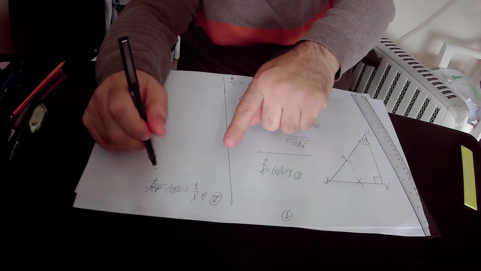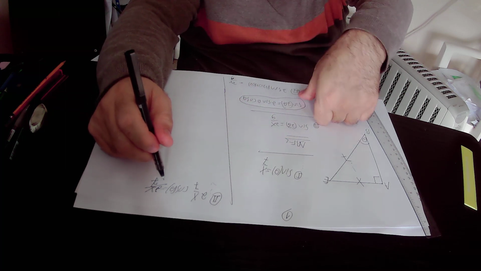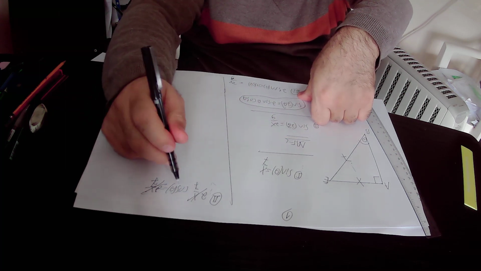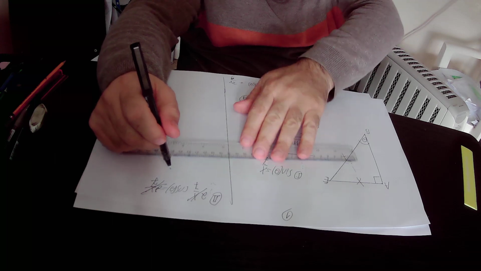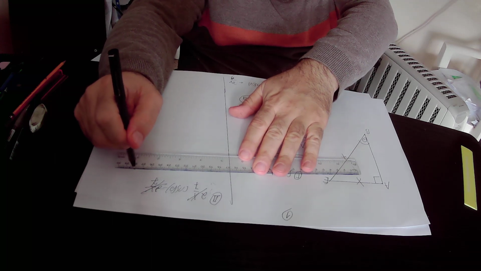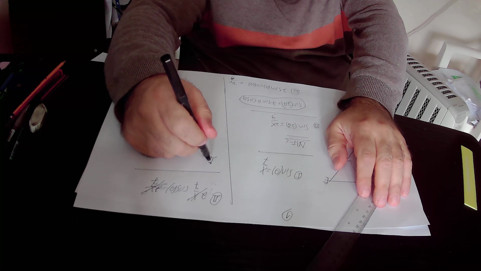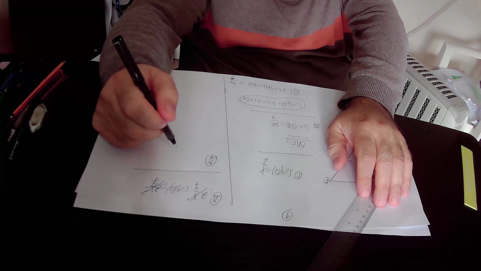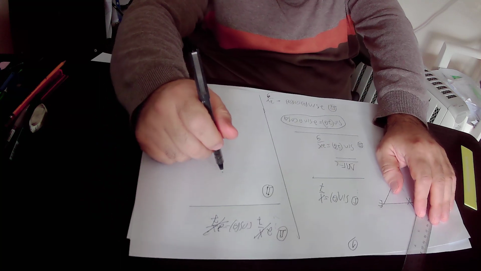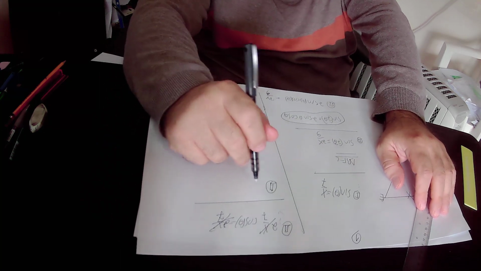And we have 2x on both sides of the equation, so 2x will get cancelled. What is left after we cancelled 2x?